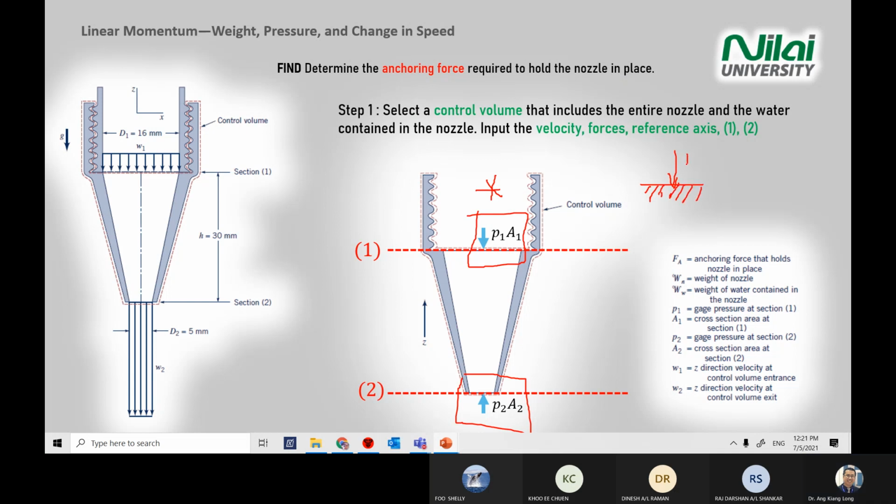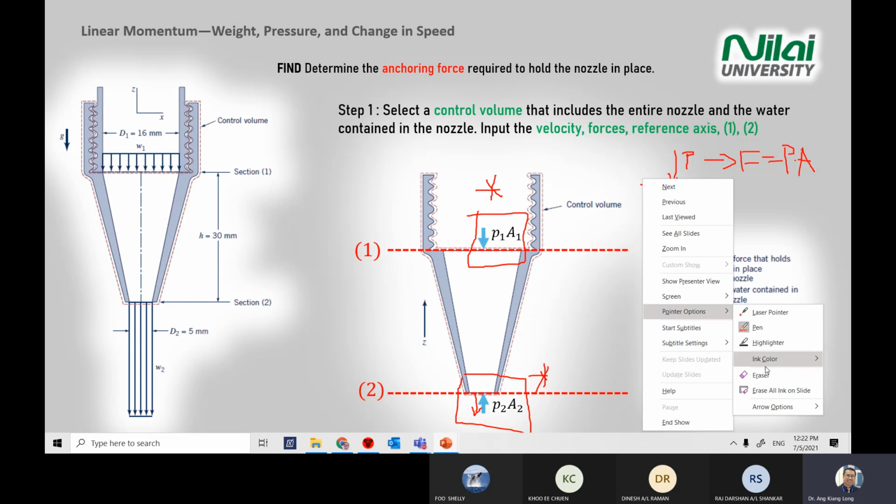This is the pressure, but you need to convert pressure into forces by multiplying by the area. That's why you see the arrow is pointing in, and the below one also pointing in. This is also one of the areas where students make mistakes. They will unconsciously draw the arrow going down because they are so used to the normal direction. So important: the pressure is always pointing to the area.